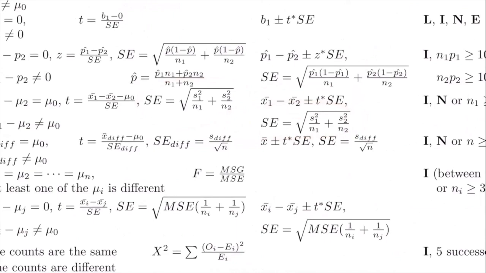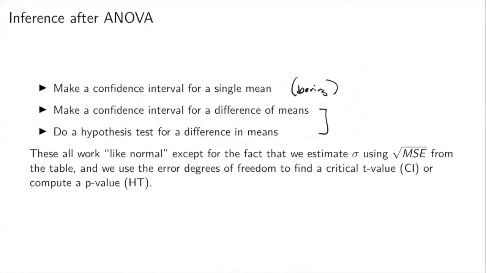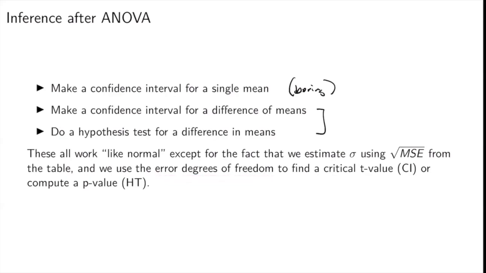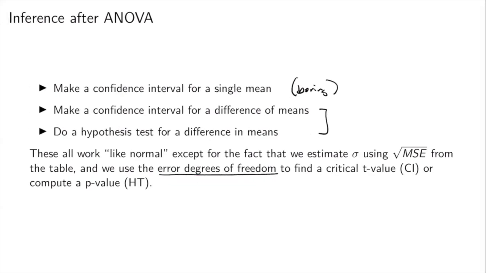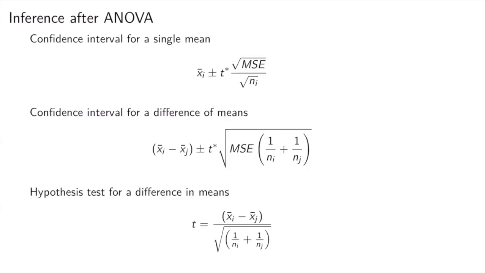So we're going to do basically the same thing, except instead of using s to estimate sigma, we're going to use the square root of the mean squared error from the ANOVA table. And then instead of how we've computed the degrees of freedom in the past, we're going to use the error degrees of freedom to find the critical value for a confidence interval or to compute a p-value for the hypothesis test. Like I said, I think that the confidence interval for a single mean is pretty boring. So the ones that I'm going to focus on are the confidence interval and the hypothesis test.